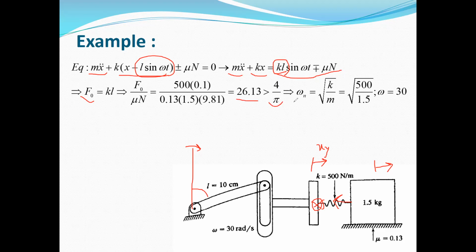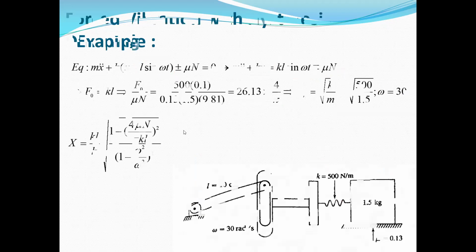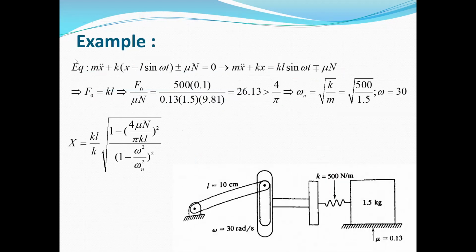The natural frequency of the system, omega n, is the square root of k divided by m, and the frequency of the motion is 30 radian per second here. So we can find the response for this system using the approximation, which is equal to this equation from the previous slide. The amplitude of the response is equal to F naught divided by k.